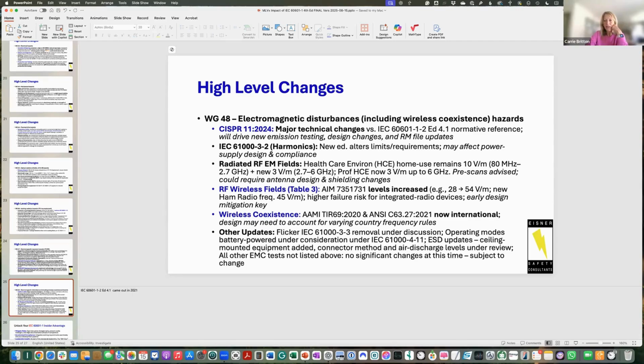Leo, how are they considering all the devices in the ER? It's not going to survive ER devices. Okay. I'm guaranteeing you this comes from FDA, because AIM 7351731, FDA was pushing years ago, and years ago, FDA required this in submissions.